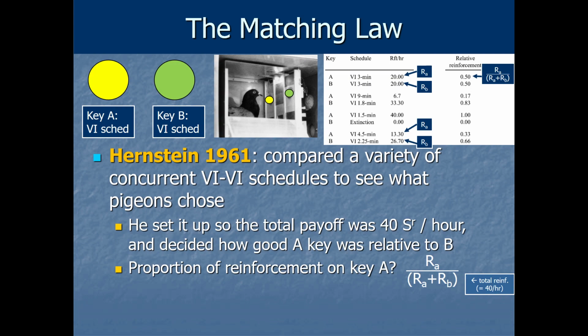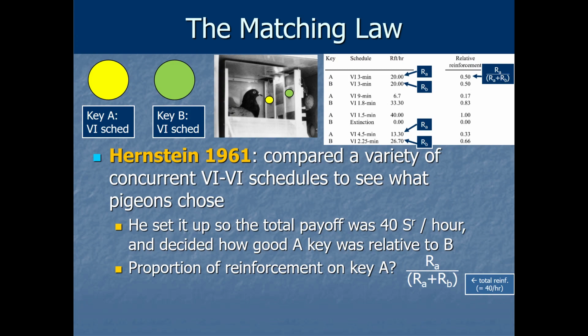Just to be clear here, because this might be confusing, he's using R, the letter R, to count reinforcers. So this doesn't mean behavior or response like we usually use the letter R in other contexts. Here he's literally just using R to mean reinforcers, the number of reinforcers they could get per hour.